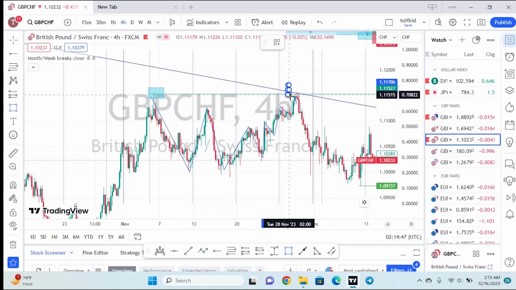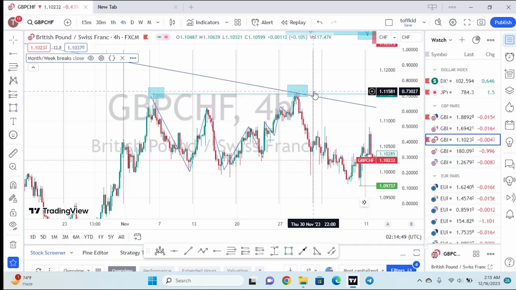So I'm going to look for an entry right at the top of my second touch of my trend line, and we are lucky we have the trend line also passing through that point, making it a very important area for me to look at.